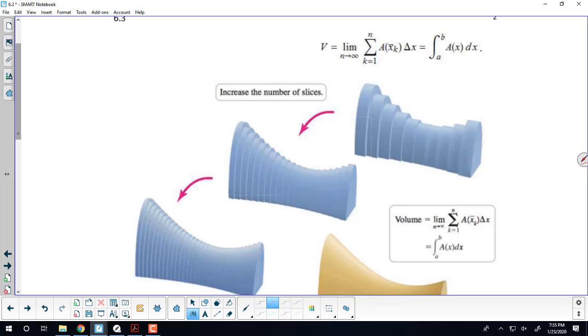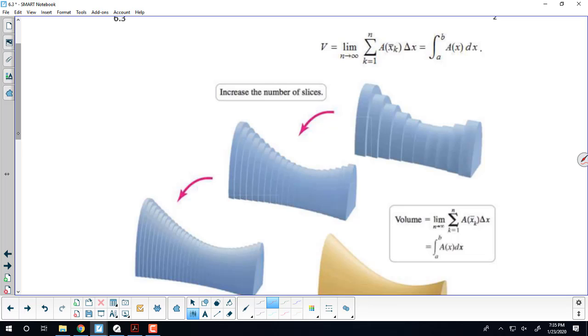So we're going to slice this region up, and notice that all the areas would be sort of this parabolic shape. So we would say the area of each cross section is a parabola times its thickness, and the more cross sections we perform, the more accurate that is.